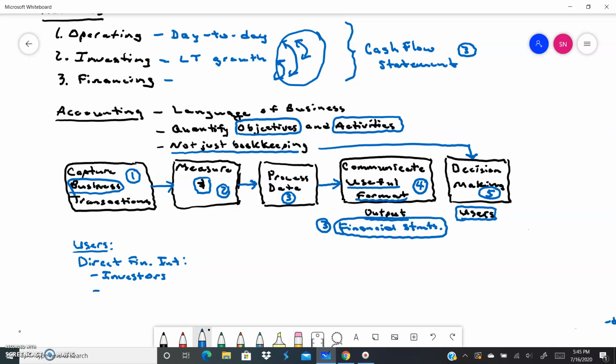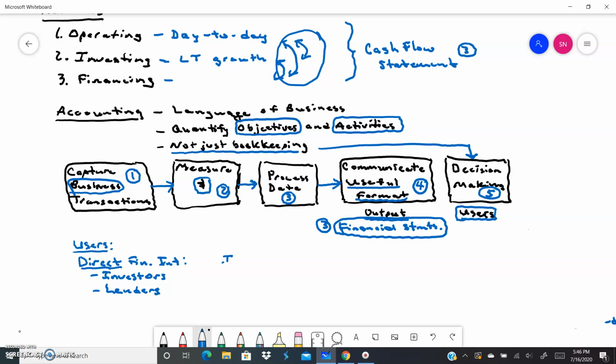We would also have any lenders or creditors, anybody who has lent any money to the business and is expecting to get paid back from the business, who is obviously going to be very interested in these financial statements.